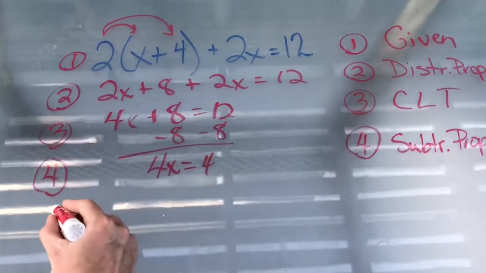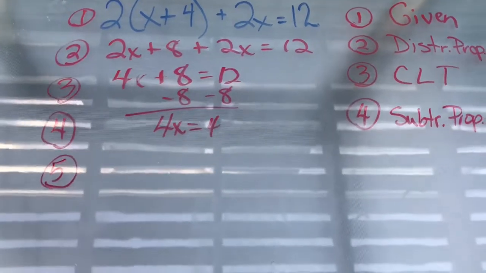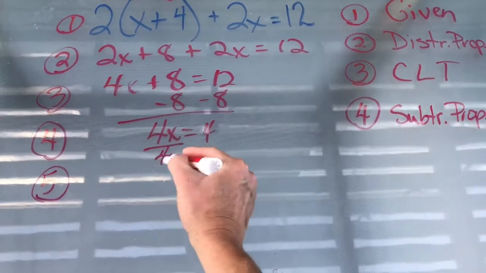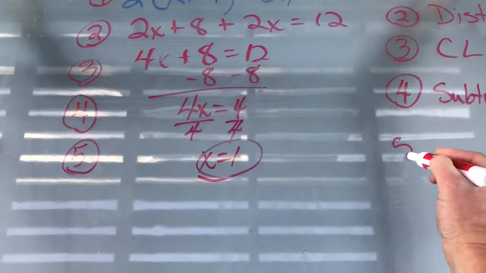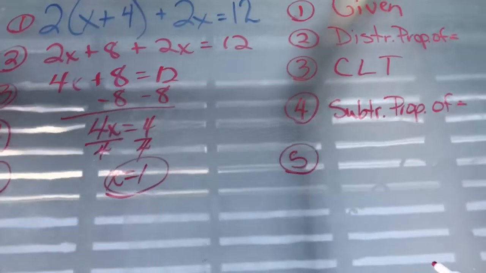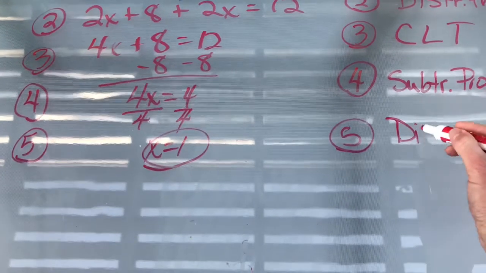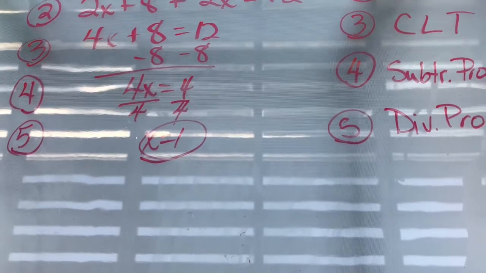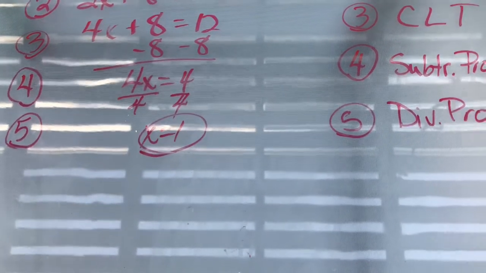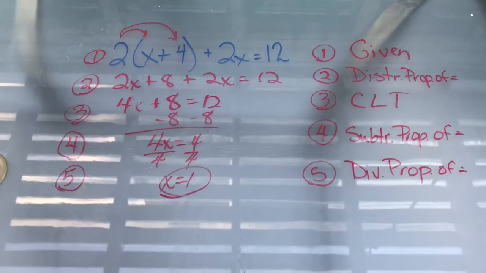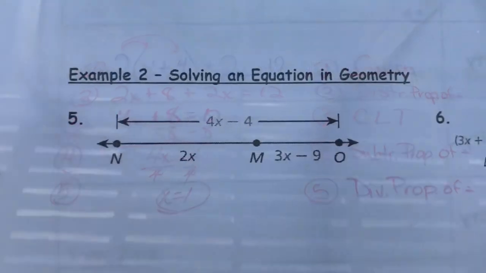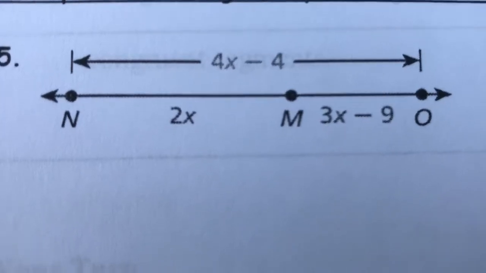Now, I see that we're almost done. Okay, all I have to do is divide by 4 on both sides, and I get x equals 1. And since I divided by 4 on each side, I'm going to write the div prop of equals. And that's it! You guys did your first proof. Woohoo! What about something like this?